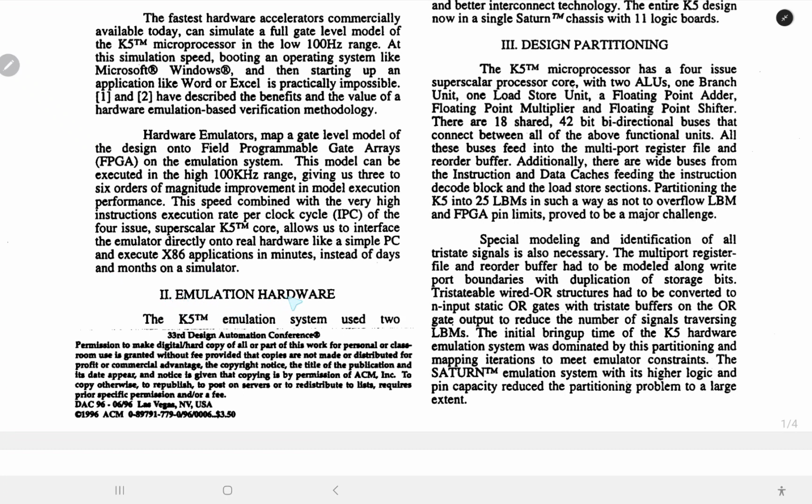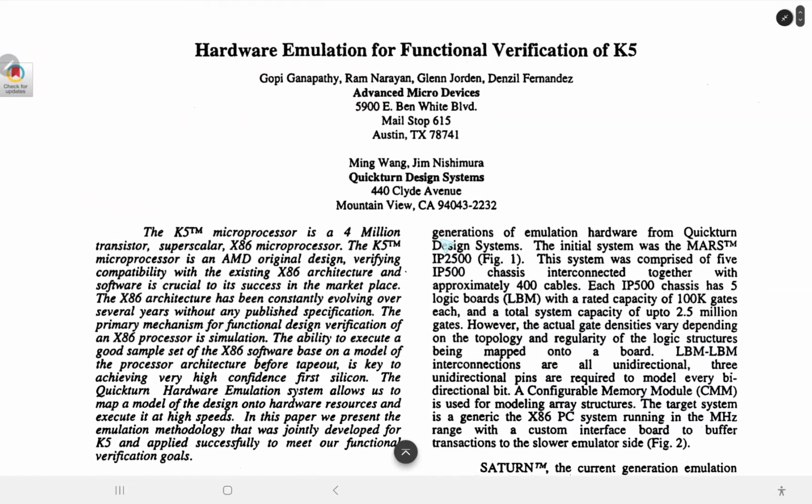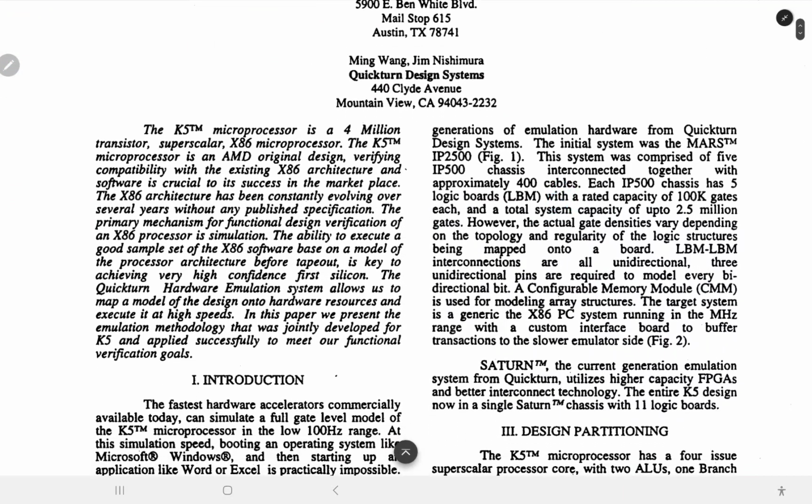2. Emulation hardware. The K5 TM emulation system is used in two generations of emulation hardware from Quickturn Design Systems. The initial system was the MARS TM IP2500, Figure 1.